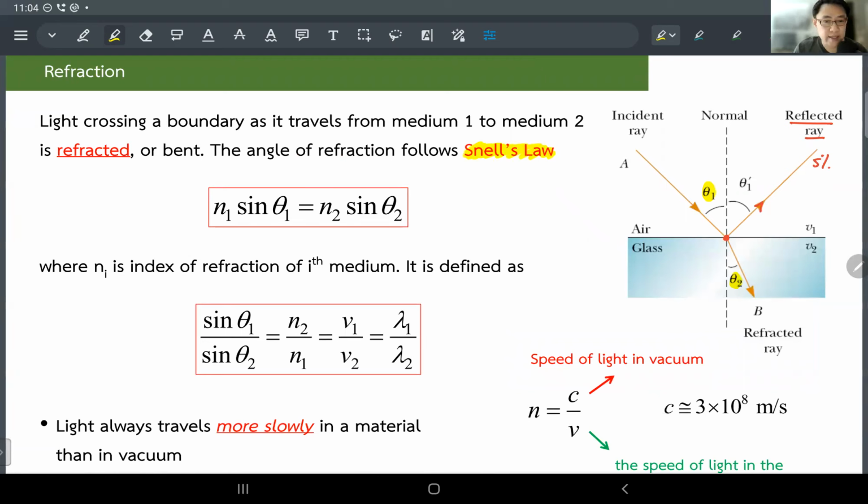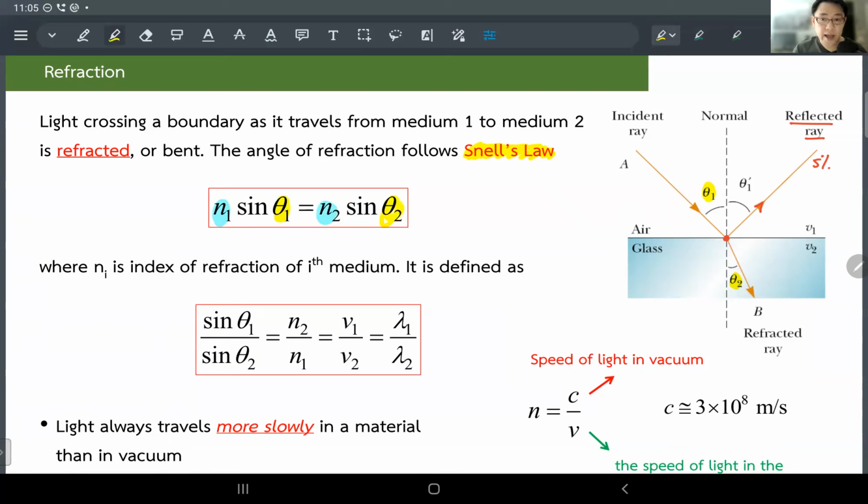It looks like this: a product between two things that are always fixed, the n, which I will explain, and the sine of the angle we just mentioned. So what you have to do is n of the first medium times the sine of the incidence angle must equal n of the second medium times the sine of the refracted angle. That is Snell's law.